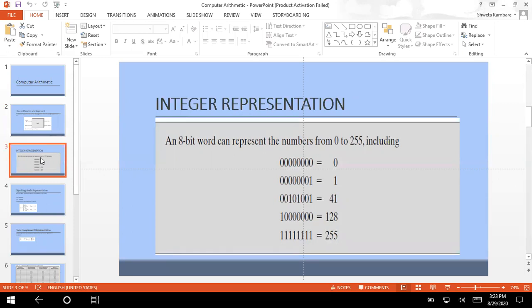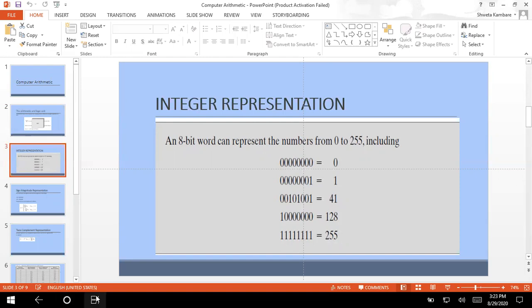Because you understand that this is 1, this is 2, this is 3. But your computer doesn't understand this. What the computer understands is a binary language. That's why we first need to understand how numbers are converted from decimal to binary.